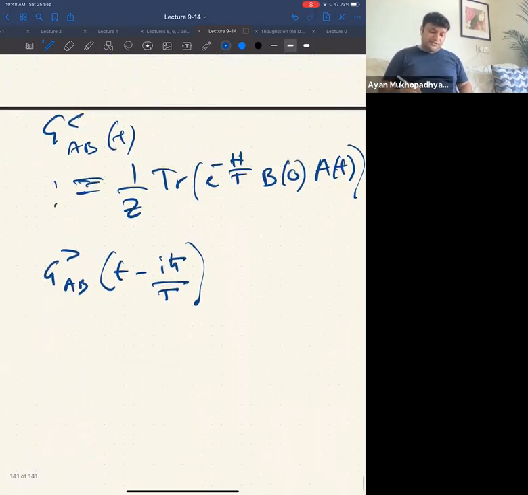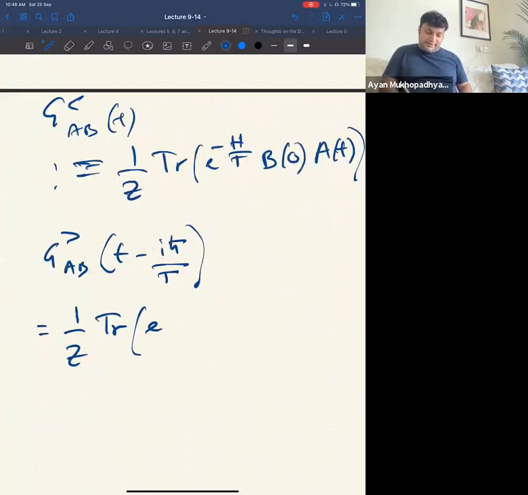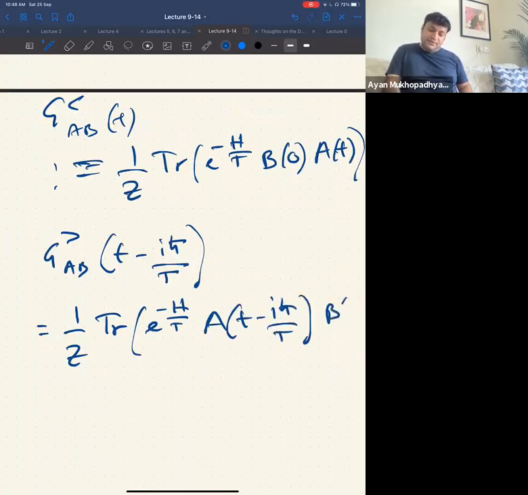If I follow my definition, I get 1 over Z trace of e to the power minus H by T, and then A(t minus i h bar by T) B(0).